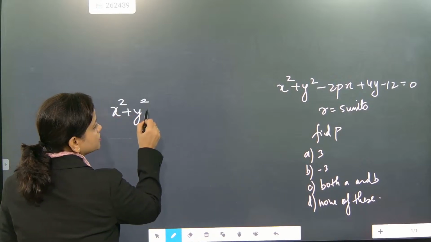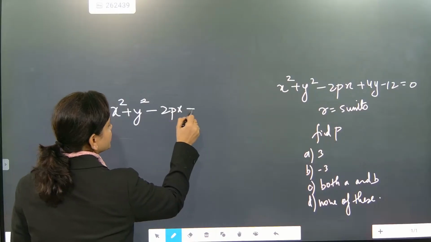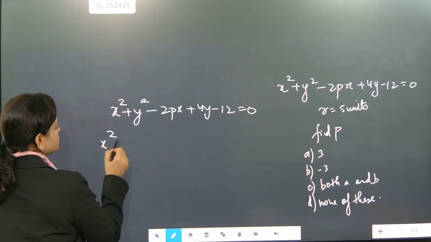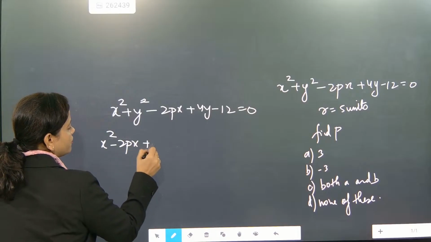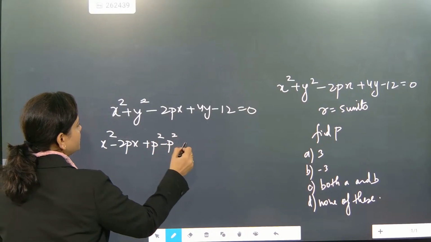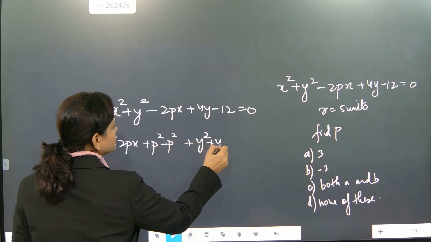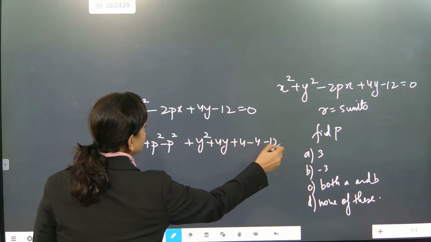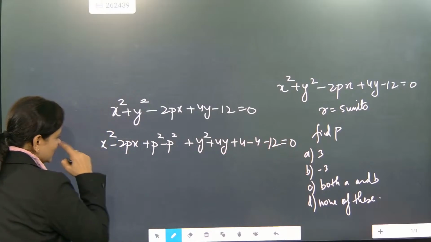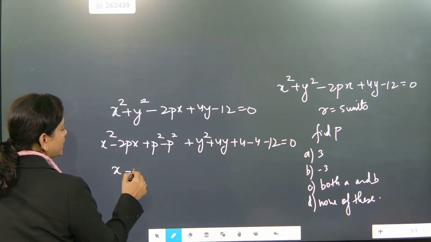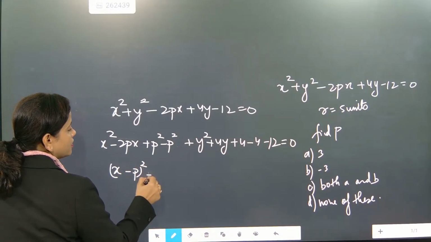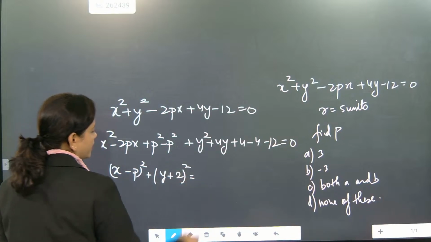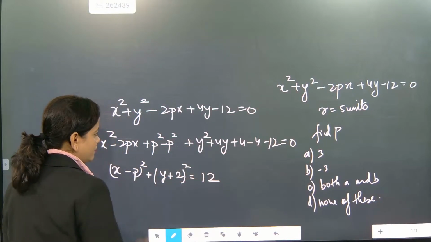x square plus y square minus 2px plus 4y minus 12 equal to 0. So for x square minus 2px, we will add p square and subtract p square. For y square plus 4y, we will add 4 and subtract 4, and keep minus 12 as it is. So here it will become x minus p whole square plus y plus 2 whole square is equal to 12.